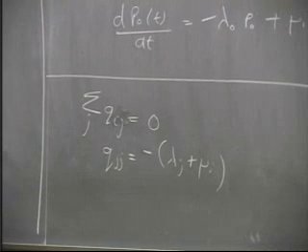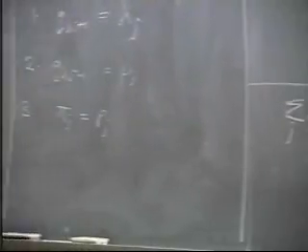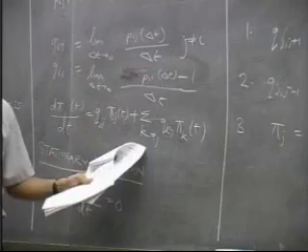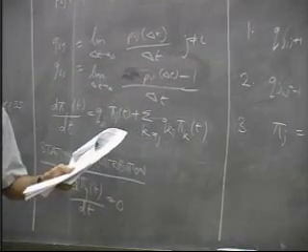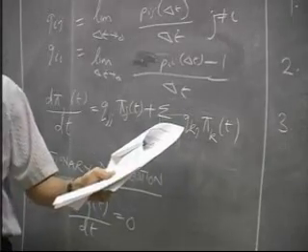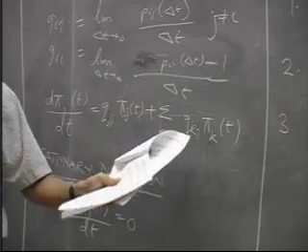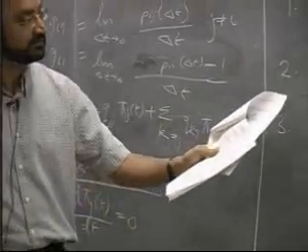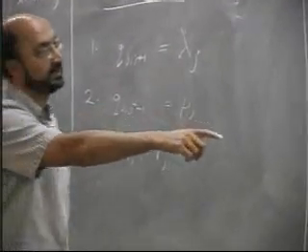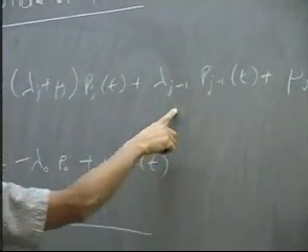Similarly, when we take the summation over k not equal to j of q_kj pi_k(t), this pi_k(t) is just p_k(t), and the only two values of k not equal to j which are non-zero are q_{j-1,j} and q_{j+1,j}. Looking at these substitutions, the rates that come in are lambda_{j-1}. That's the rate at which you enter this state.